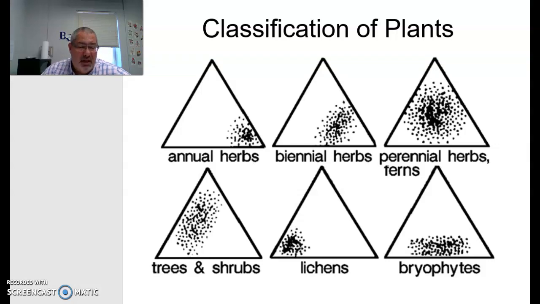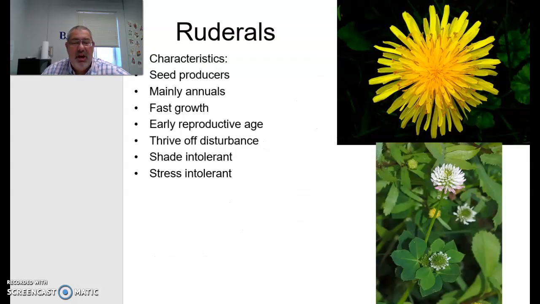So I've got some slides to just describe each of these categories. I'm going to start over on the bottom right, the ruderals. Prolific producers of seeds, mainly annuals, living for one growing season, growing and maturing fast, preferring disturbed conditions where they can perpetuate themselves, and being intolerant of both shade and stress.